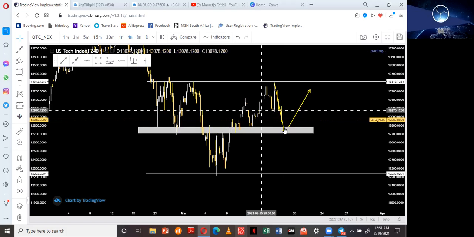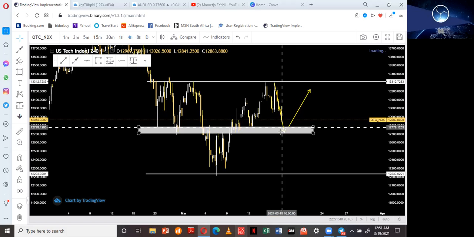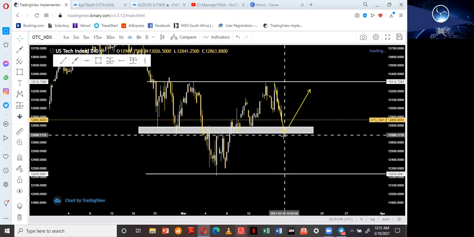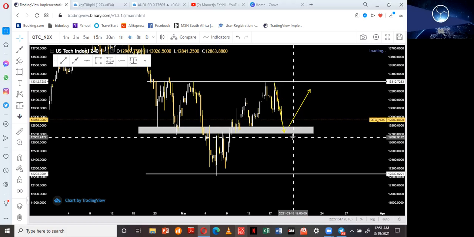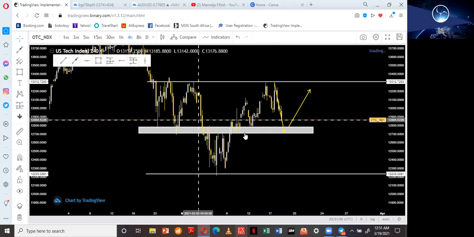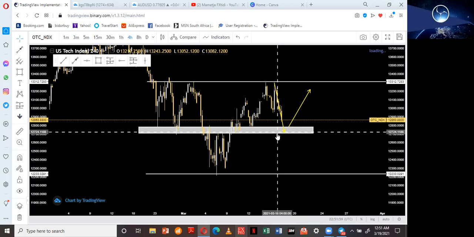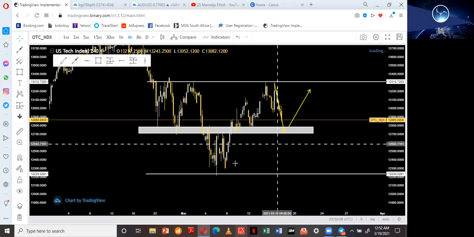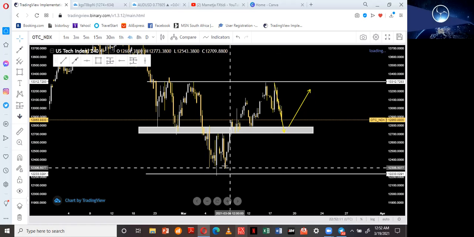Wait for the first candlestick that breaks this level to close below here. If the candlestick on the 4-hour chart closes below this white zone here, you have to sell, and your next target should be this previous low here.